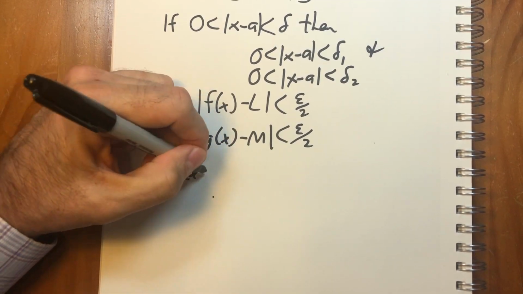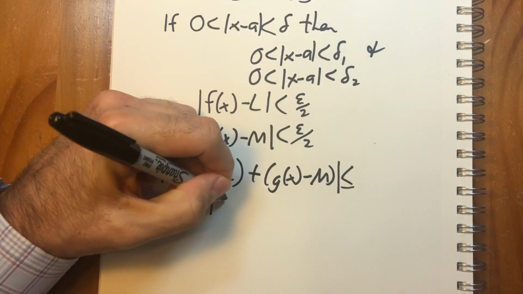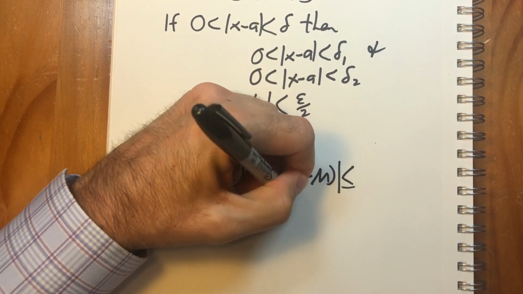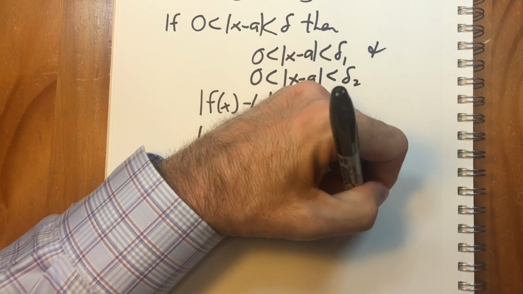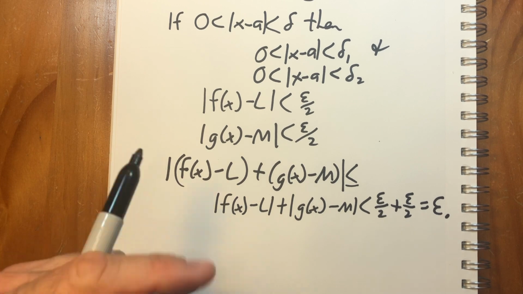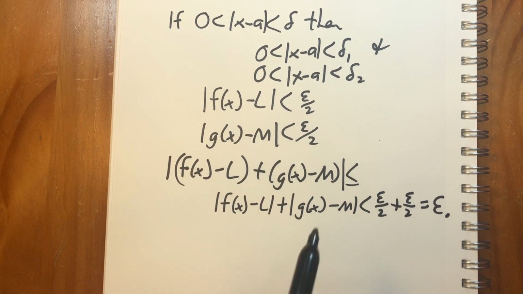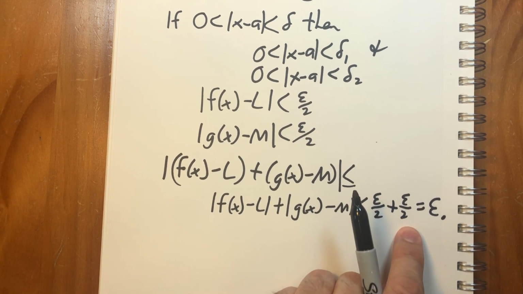So using the triangle inequality from before, we have that the absolute value of f of x minus L plus g of x minus m is less than or equal to the absolute value of f of x minus L plus the absolute value of g of x minus m. That's the triangle inequality. We just showed that this is going to be less than epsilon over 2 plus epsilon over 2.